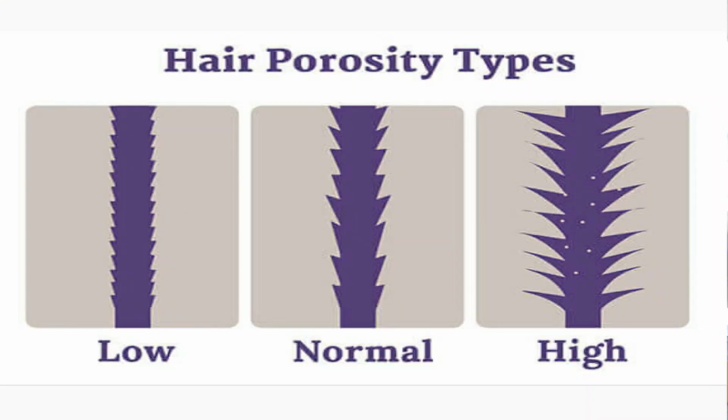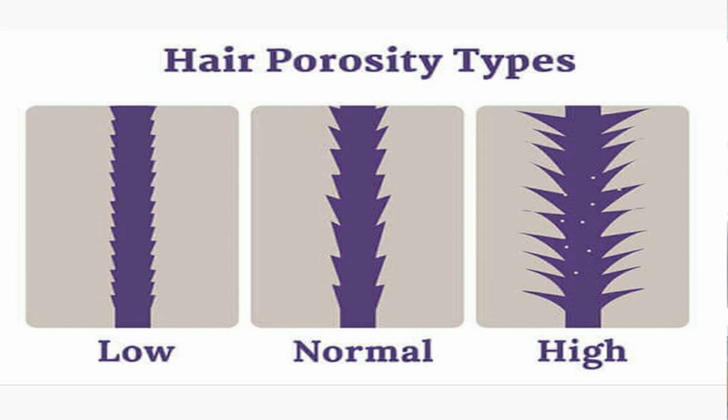What would help to determine your porosity in your hair is a simple thing called your cuticles on your strands. How raised or how relaxed, low down the cuticle on the strand is. So if you look at this picture that I'm showing now, on the extreme left where you're seeing low, you recognize that the cuticle on this particular strand, we have three strands, is quite relaxed.